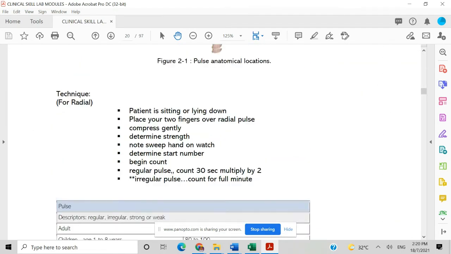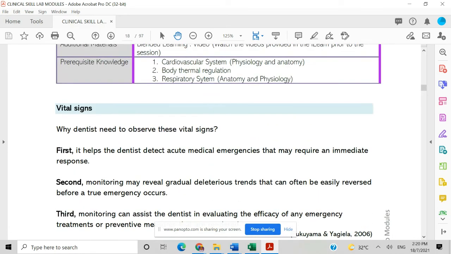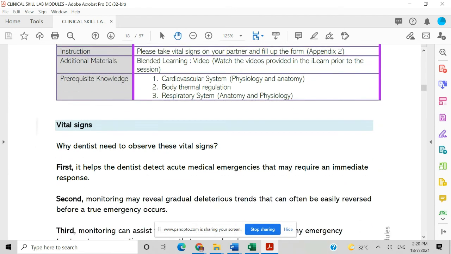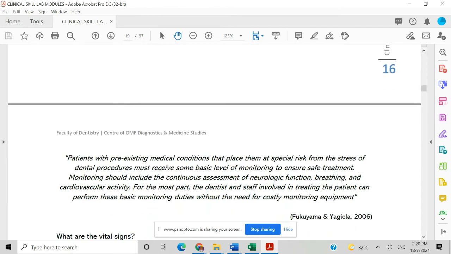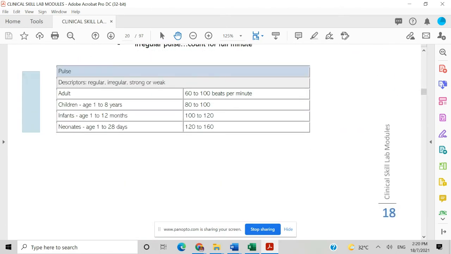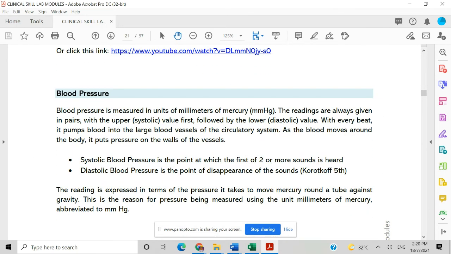I would say the most important things are temperature and blood pressure. For blood pressure, normally we will take it for a patient who has a history of high blood pressure, or a history of heart problems. Usually, patients at the age of 40 years and above.